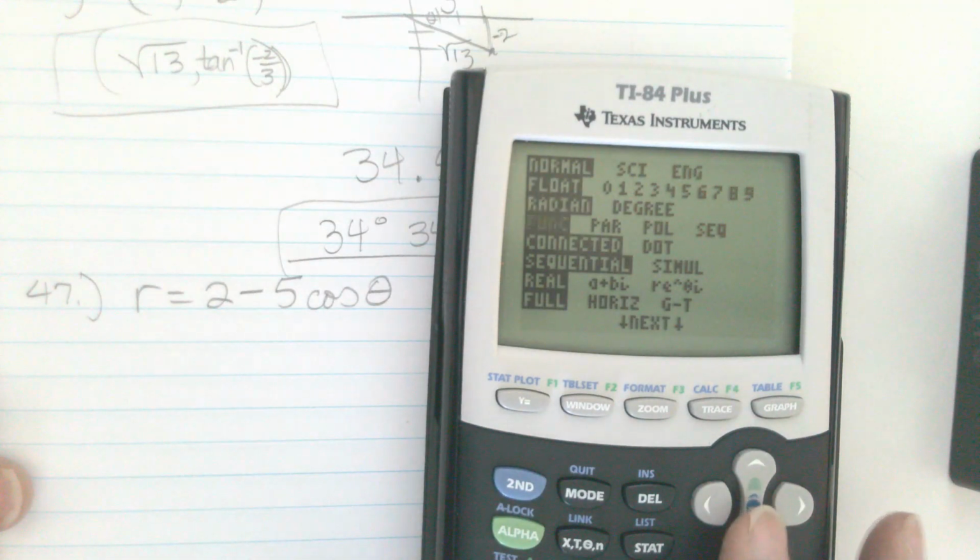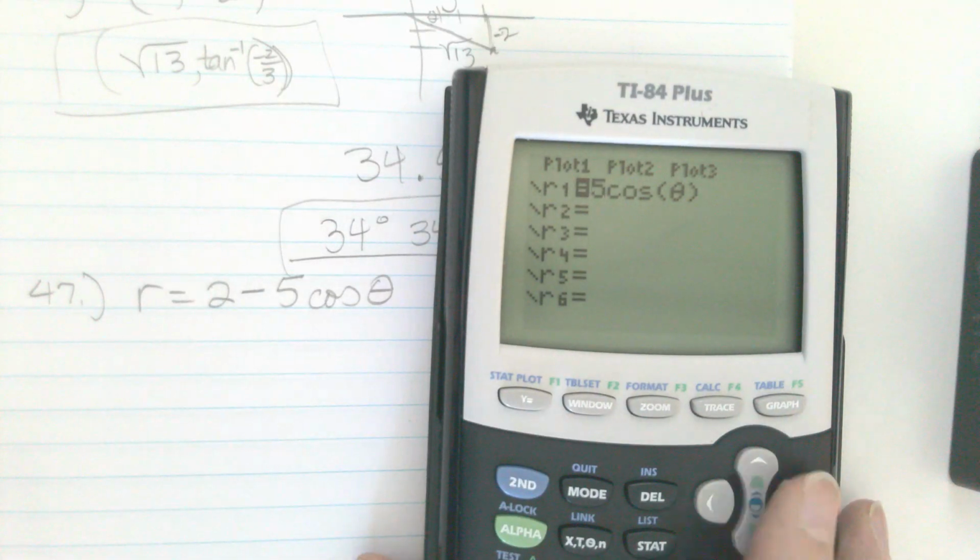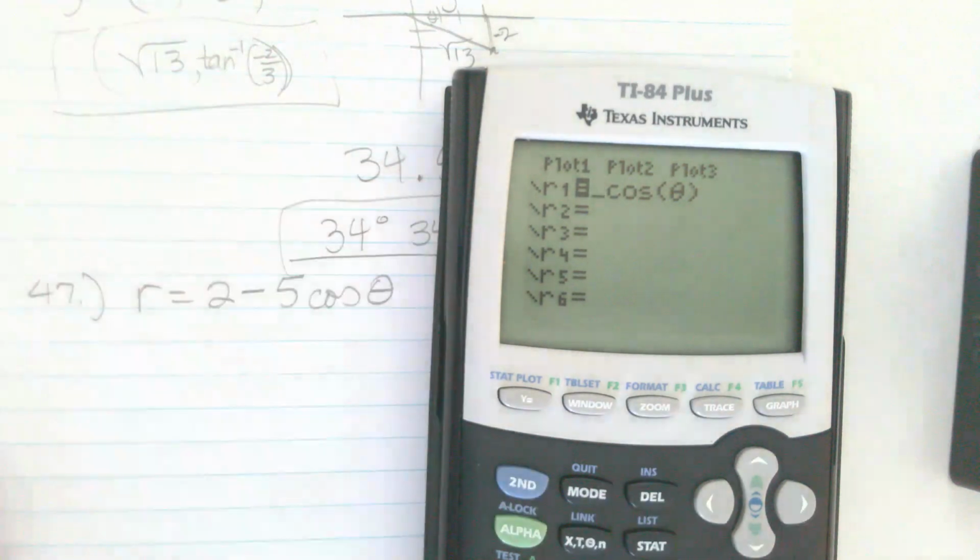Radians for sure, and polar for the equations, right? So it gives you your R. Insert 2 minus. Is that it?